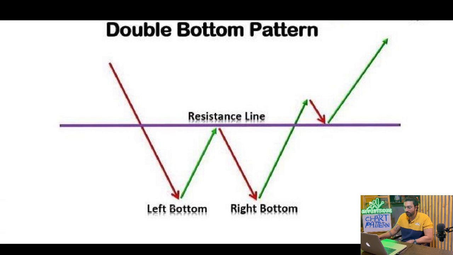From here the buyers push the market up, and then at the resistance line, which is known as the neckline, there were sellers waiting to push the market down. From that point the market goes down again, and then we can see the market reach support 2. From there the buyers again push the market, and eventually it breaks this neckline or resistance line, and after the retest the market goes up again.